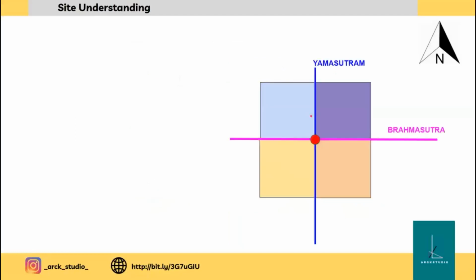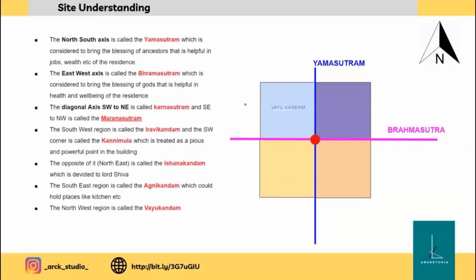Coming on to the second part, once we start dividing this place, we basically have four quadrants. The four quadrants could be named Vayuganda, Aishanaganda, Iraviganda, and Agniganda. These four places have their own uses as well.